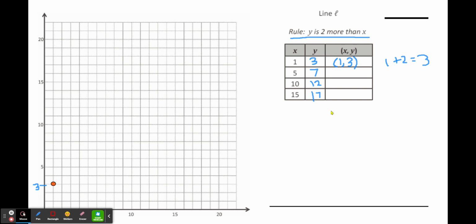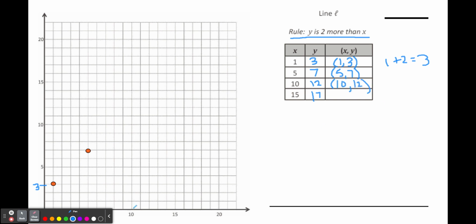Now, going over to our x of 5, our y of 7, the ordered pair is going to be 5, 7. And we would plot this over here. If we look at our x value of 10, our y of 12, our ordered pair is 10, 12.